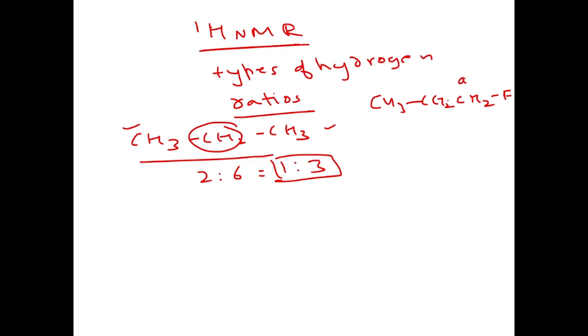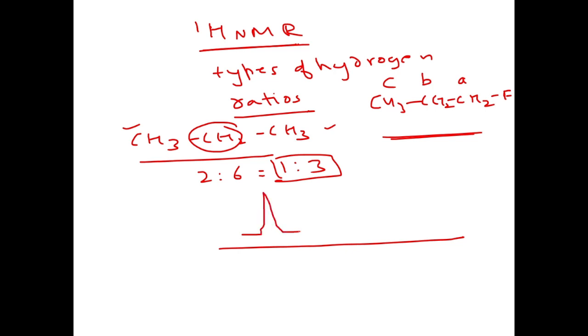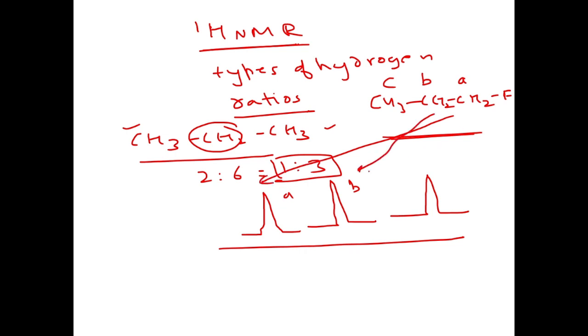So here A, B and C, there are 3 types of hydrogens, and obviously A peak will be here because there will be maximum de-shielding in the case of A, then we have B, and then we have C. Because there is less de-shielding for B, its peak is here, and comparatively the least de-shielding will be there for this hydrogen atom, so the peak will be near to the 0, near to the TMS.